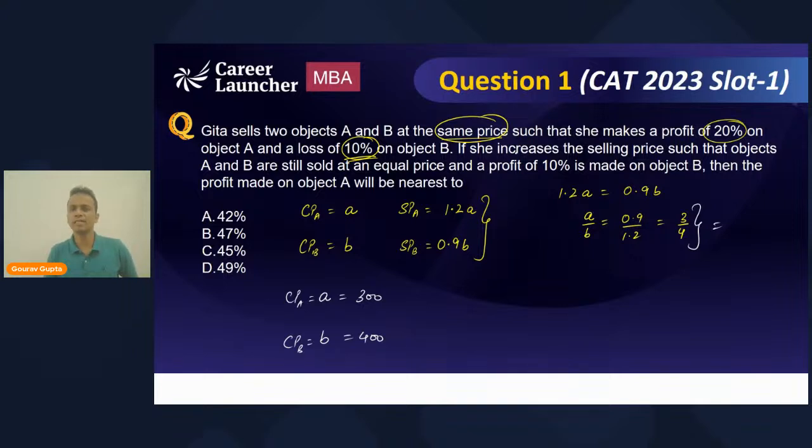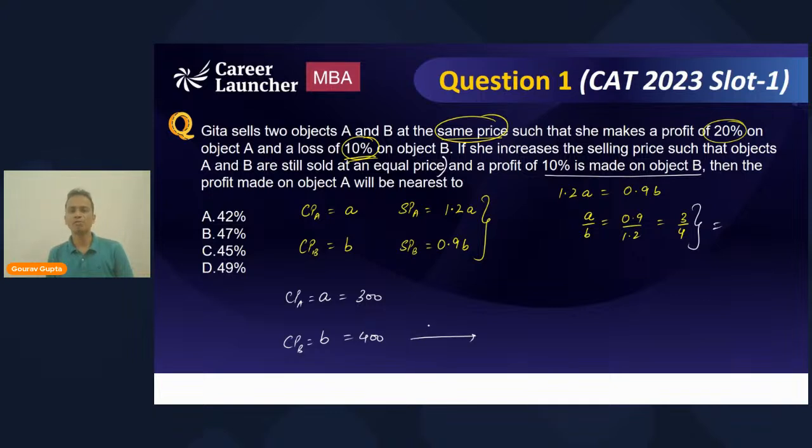So now the question says that she increases the selling prices such that the objects A and B are still sold at equal prices, and a profit of 10% is made on object B.